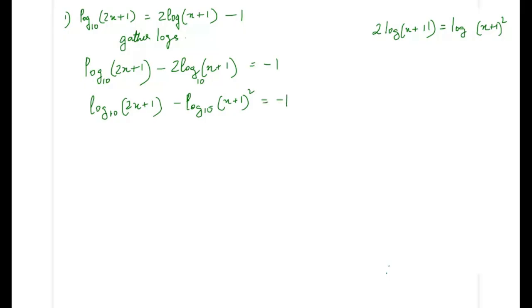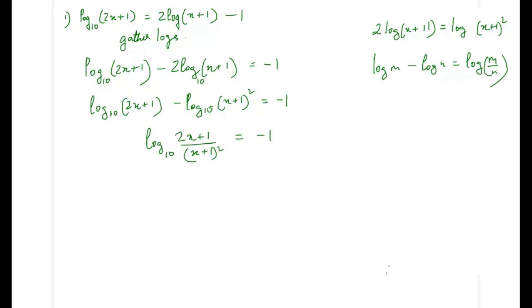Now I'm going to combine the two logs using the property log of m minus log of n can be written as a single log m by n. So combining these two, I get log base 10 of 2x plus 1 over x plus 1 the whole squared is equal to minus 1.